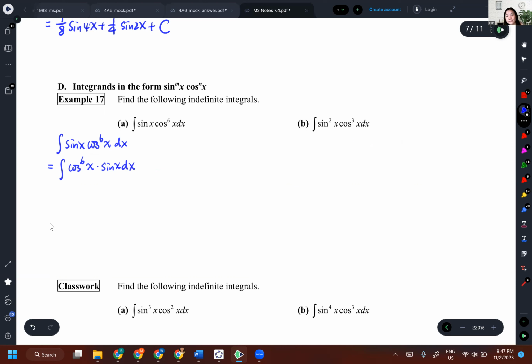Now, which one is even? 6 is even. Now, this one is odd, that's to the power 1. Sine x is odd degree. This one is even degree. You will put the odd degree next to dx, and you will make a substitution.